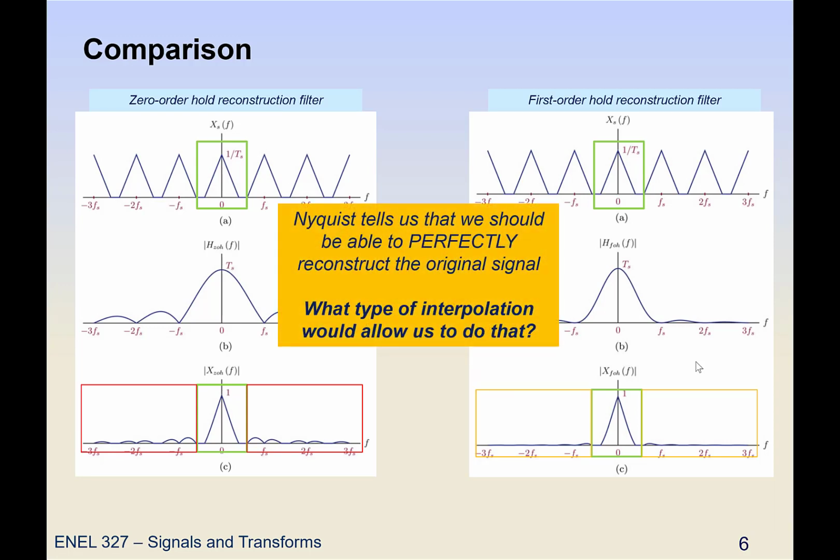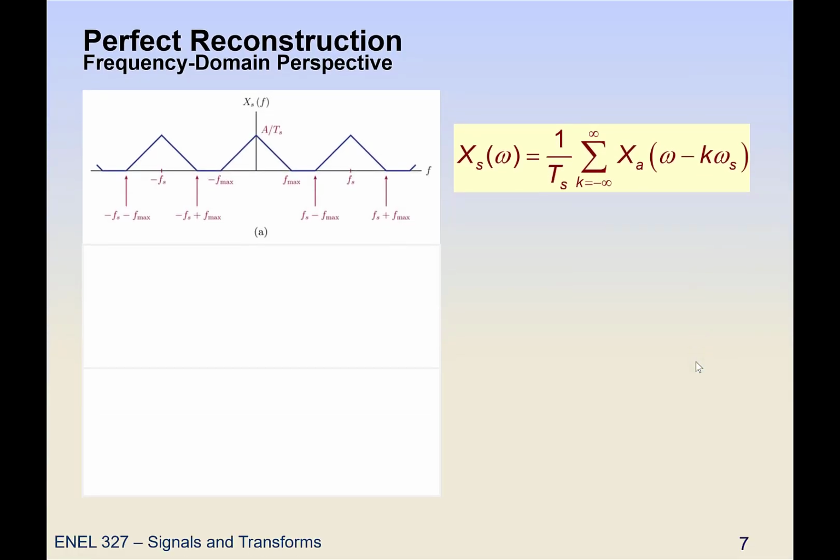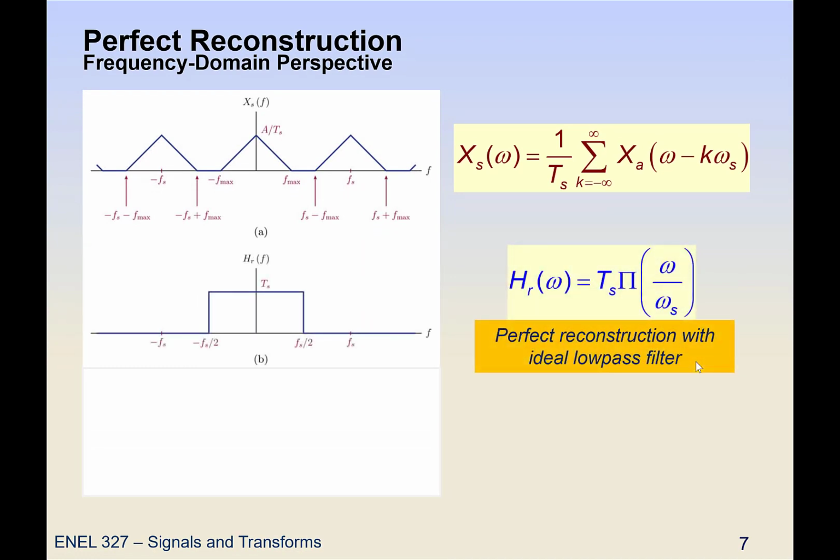But Nyquist tells us that we should be able to perfectly reconstruct the original signal if we sampled at the Nyquist rate or higher and if the original signal was band limited. So what type of interpolation would allow us to do that? Take a look at the spectrum of the sampled signal again. Effectively, if we had a perfect low-pass filter, then we should get perfect reconstruction.